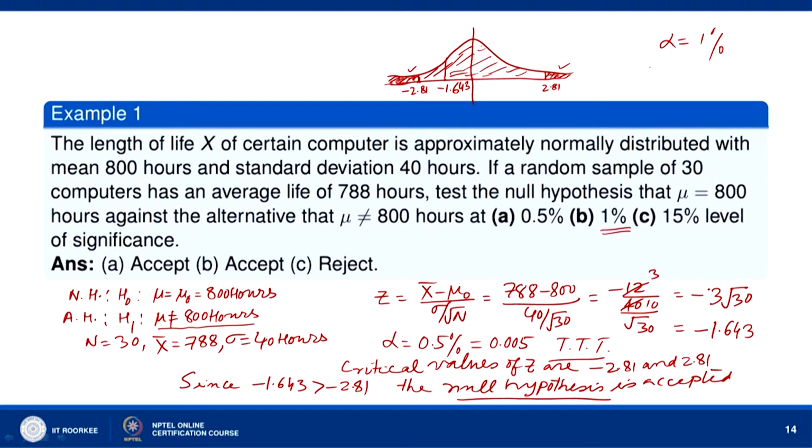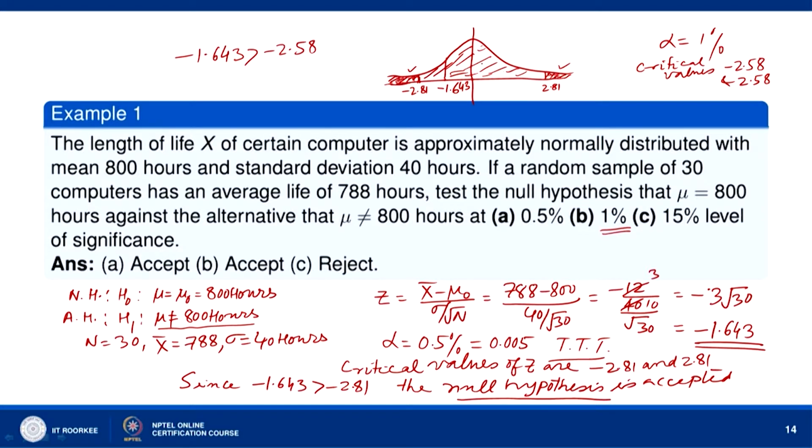The computed value of Z, minus 1.643, is also greater than minus 2.58.